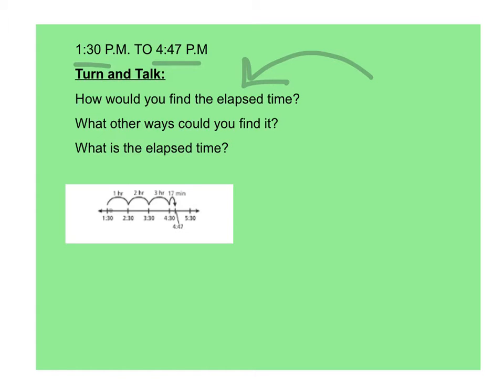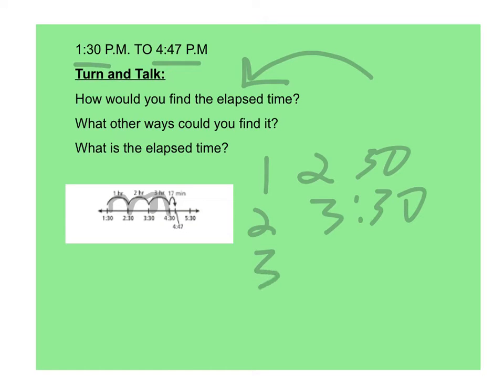So 1 hour would be 2:30, 2 hours would be 3:30, 3 hours would be 4:30, and I can't get any closer to 4:47 adding hours.